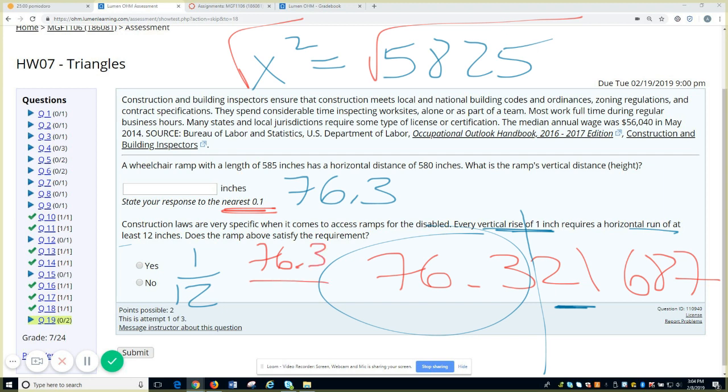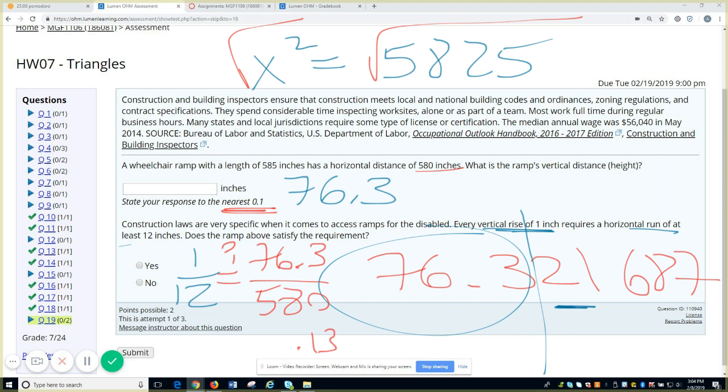The horizontal distance is 580. We just have to check, are these two ratios the same? So 76.3 divided by 580 is about 0.13.